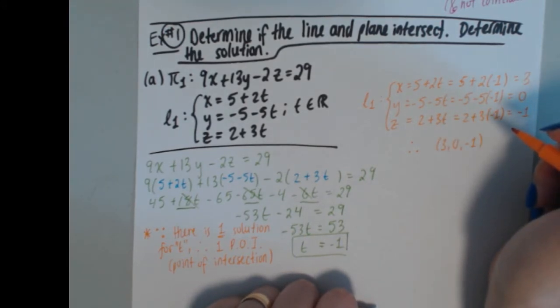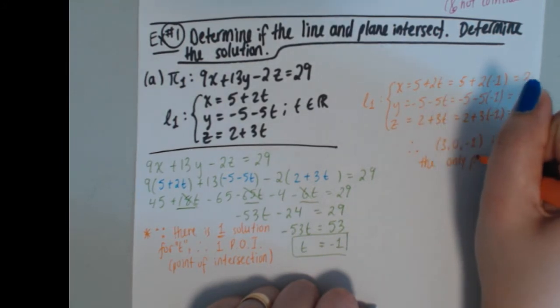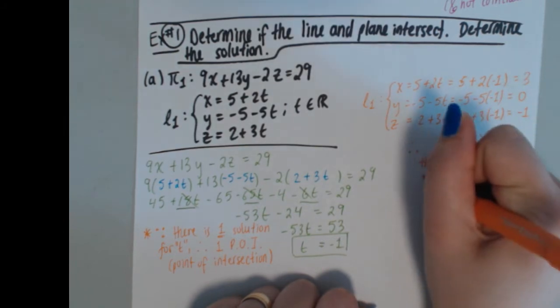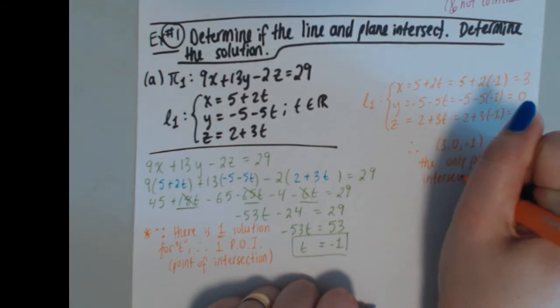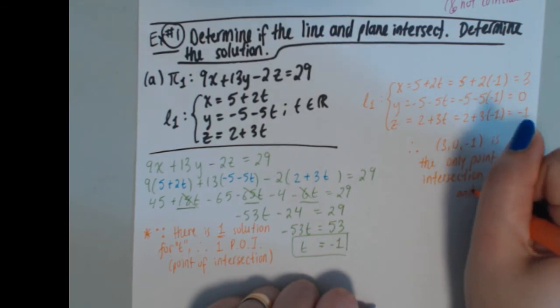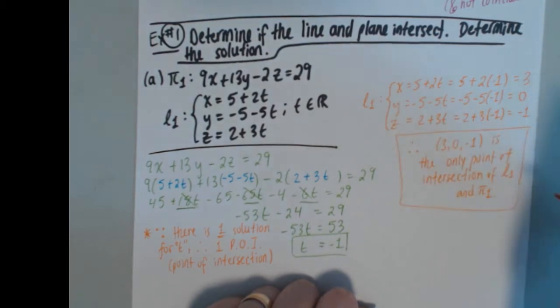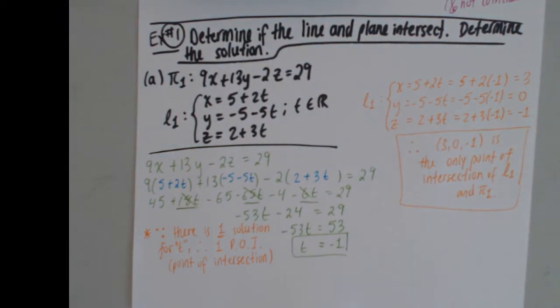Therefore, (3, 0, -1) is the only point of intersection of L1 and pi1. Okay, so that is it for part A.